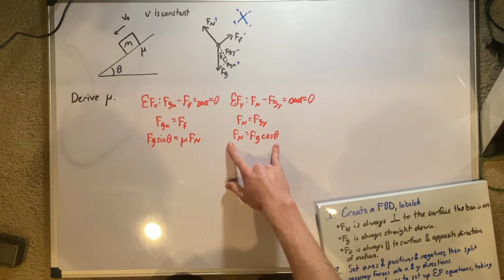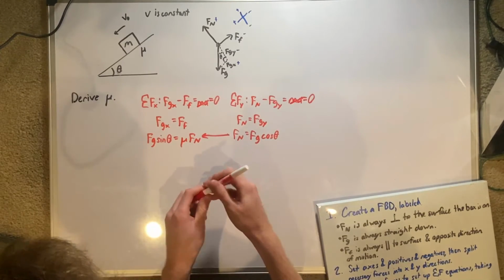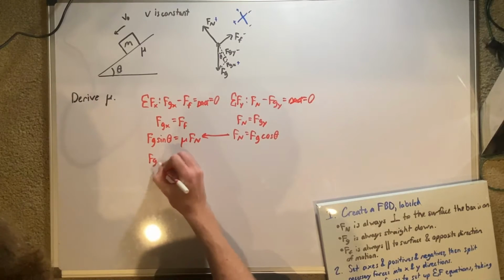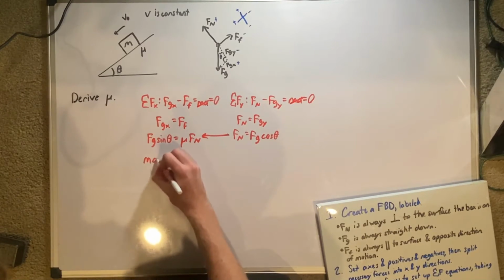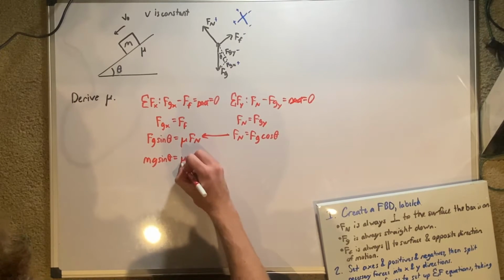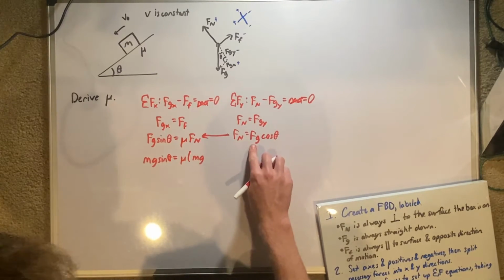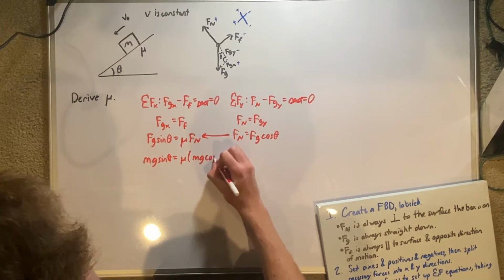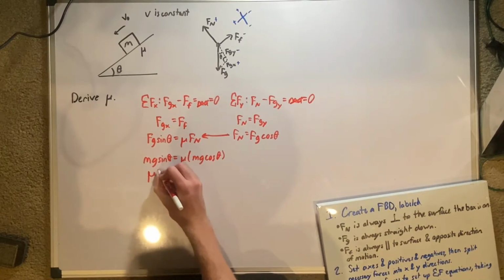Now, this is our normal force. So we substitute this straight into that. Fg, which is also equal to mass gravity sine theta, is equal to mu times mass gravity, because this also splits up into mass gravity cosine theta. Now we divide everything to try to isolate mu.